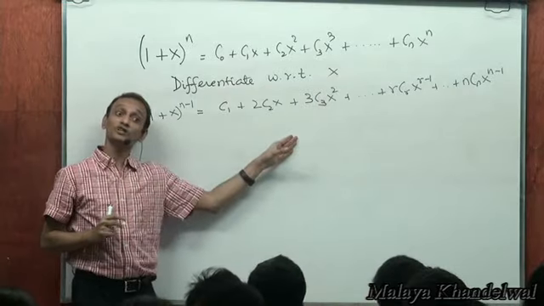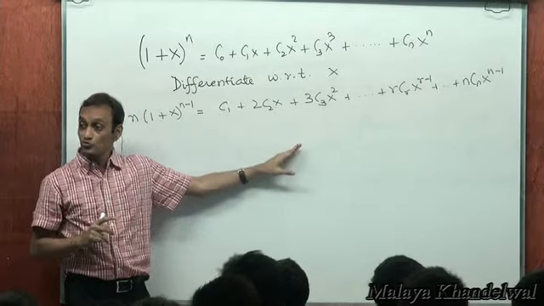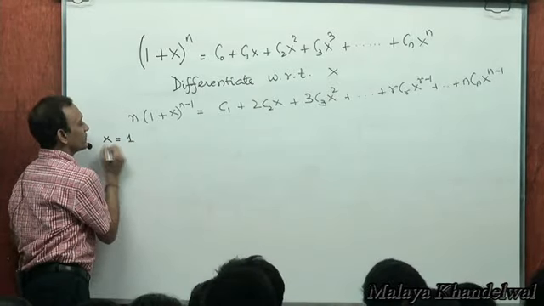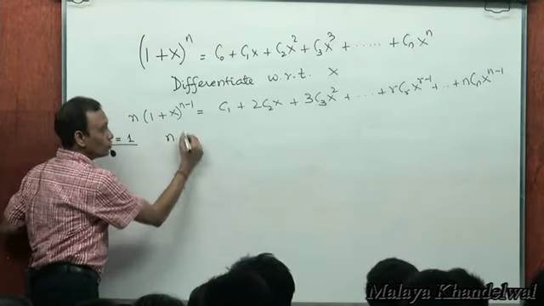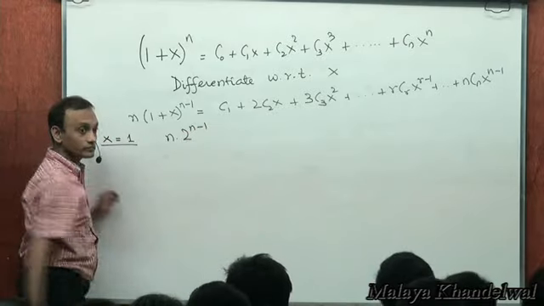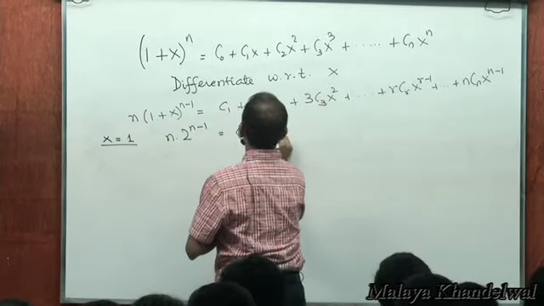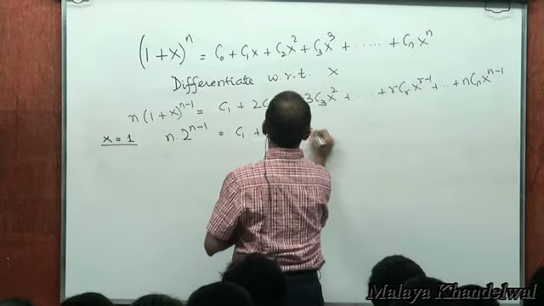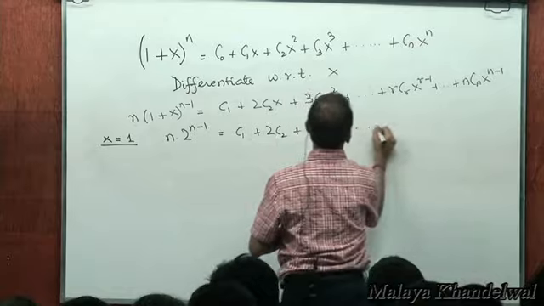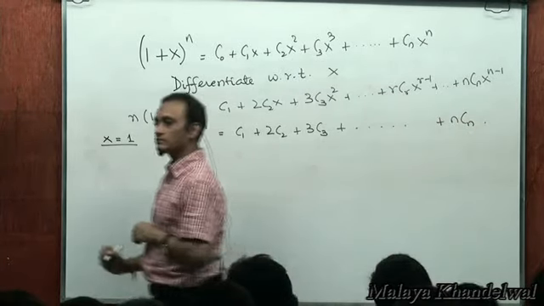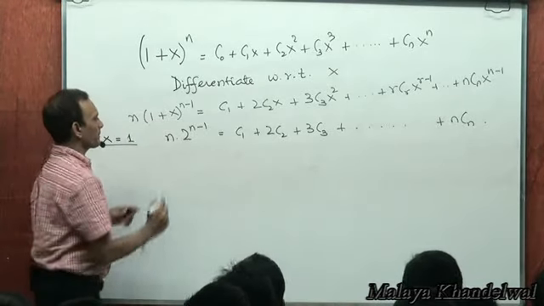Put x equal to 1 on both sides now. So if you plug in x equal to 1 on both sides, then you get n into 2 to the power n minus 1 is C1 + 2C2 + 3C3 + ... + nCn is what you get, right?